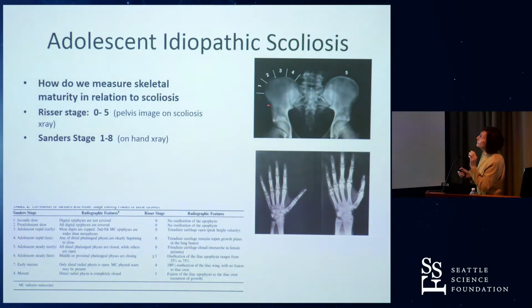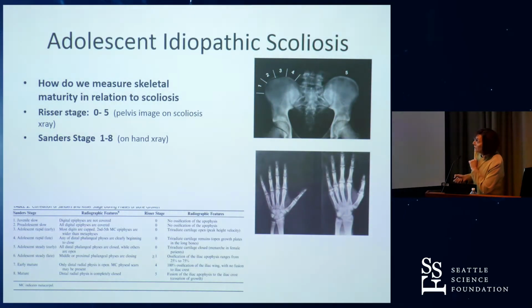And so he has developed a staging system utilizing the changes, similar to what we look at more specifically with regards to bone age, and has delineated 8 groups that are easier to delineate. And here it's that adolescent rapid, Sanders stage 4, where when we can start to see those changes, that's where the most rapid growth is going to happen.